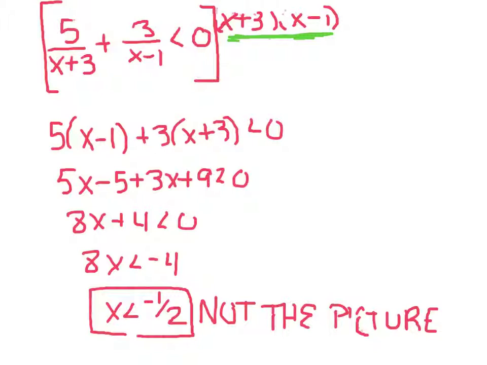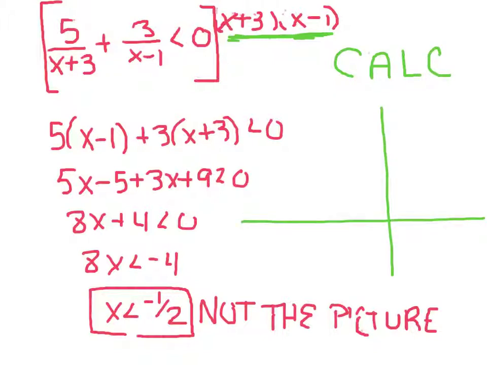So on any rational problem on today's homework, you're going to get out your calculator and you're going to graph this problem. And this problem has a vertical asymptote at negative 3. This problem has a vertical asymptote at positive 1. This graph does have a 0 at negative 1/2, like you found out.